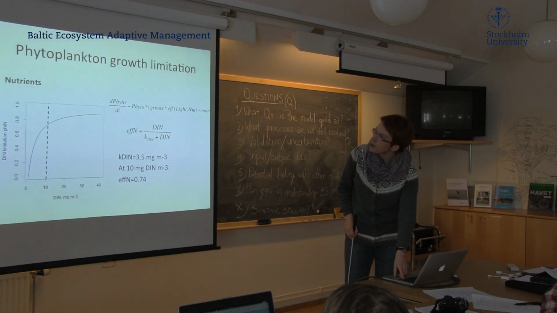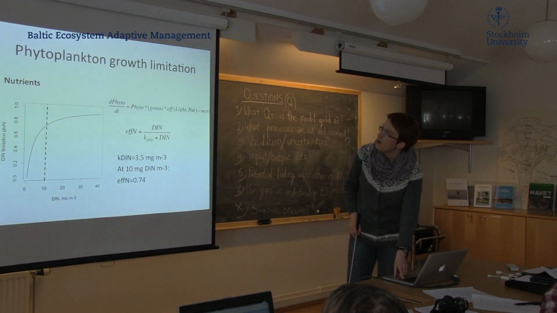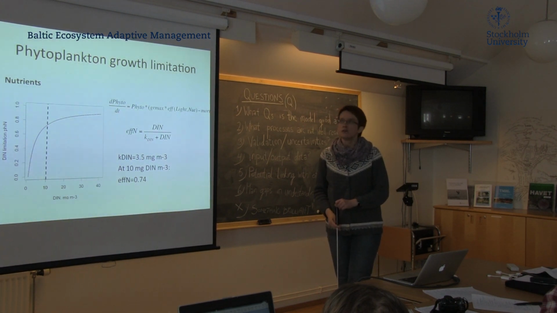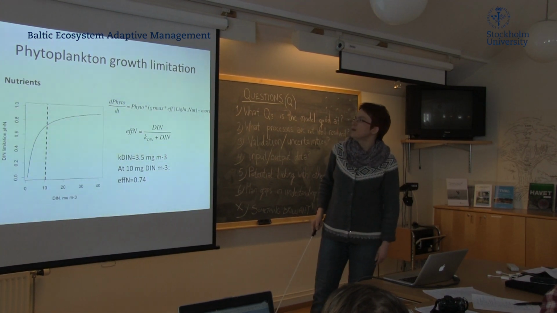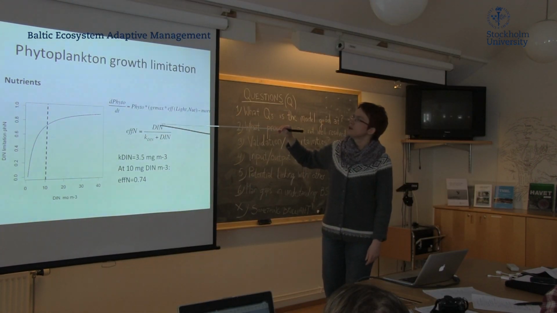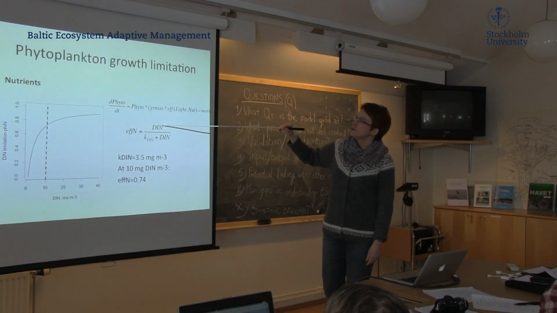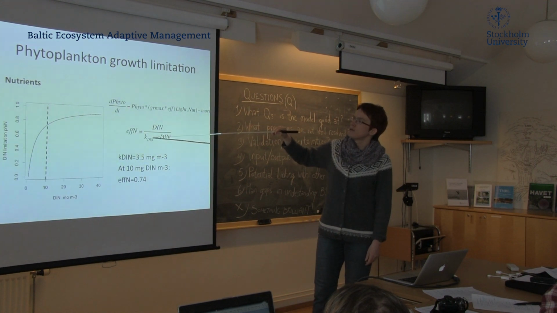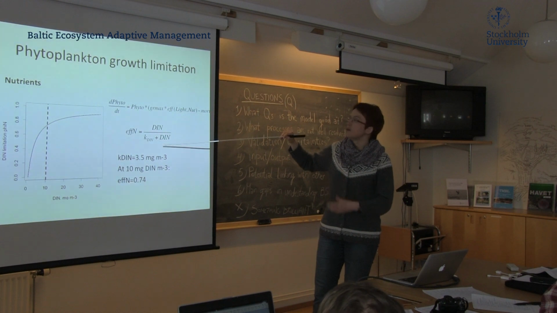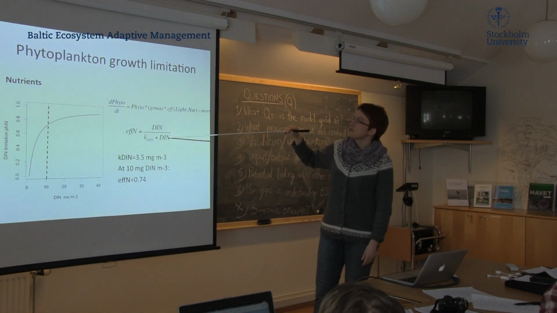And what we do with phytoplankton growth, how we do this limitation, is actually very simple. We just use this Monod type of function. We say the effect of nutrient is the nutrient concentration divided by some kind of half saturation constant, which we guess or take from the literature, plus the nutrient concentration itself.